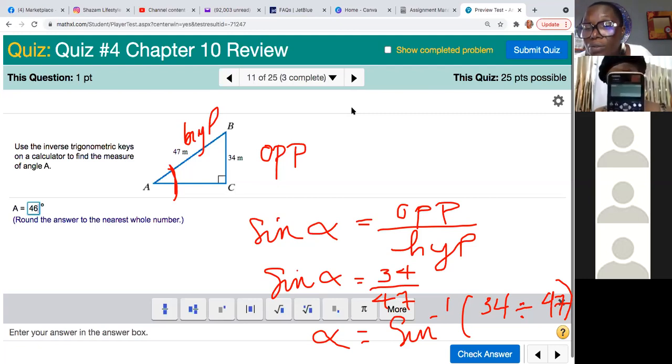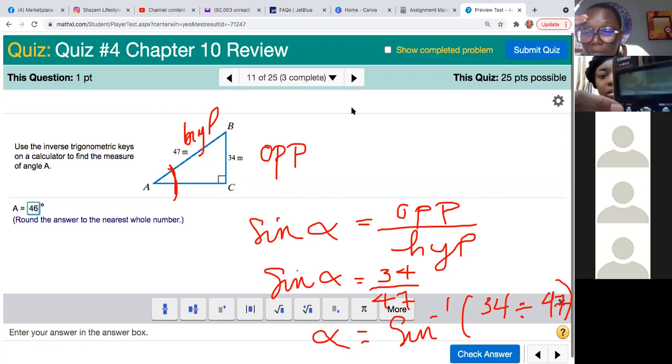Put your calculator closer to the screen. I cannot see. Okay, move it up just slightly. Do you see that button that says shift on the left side? That first button at the top, it says shift. Okay, yes, right here. Hit that, and then look for the inverse sine.